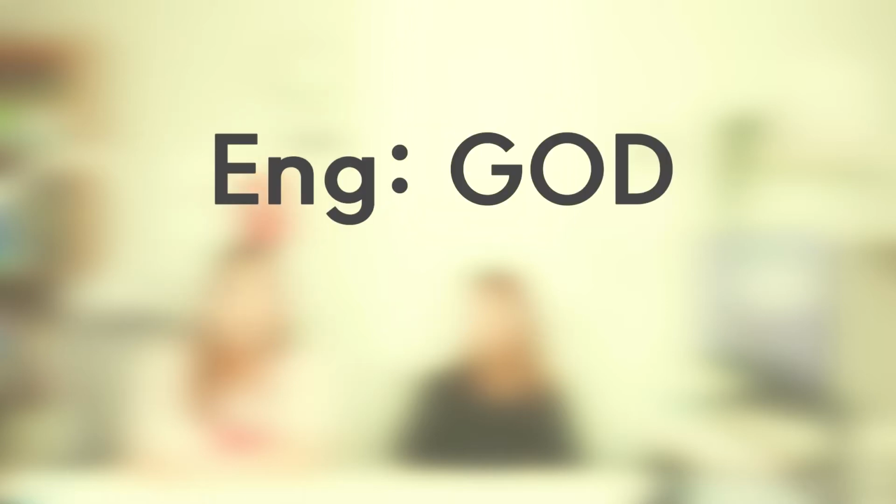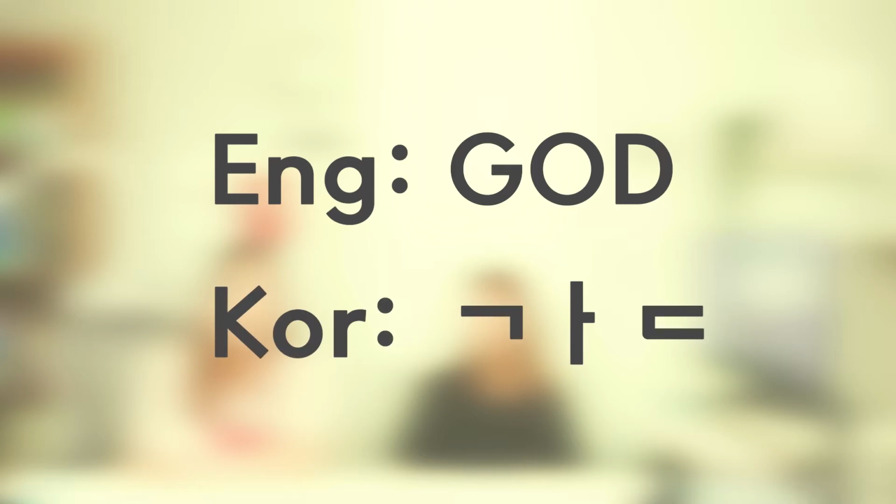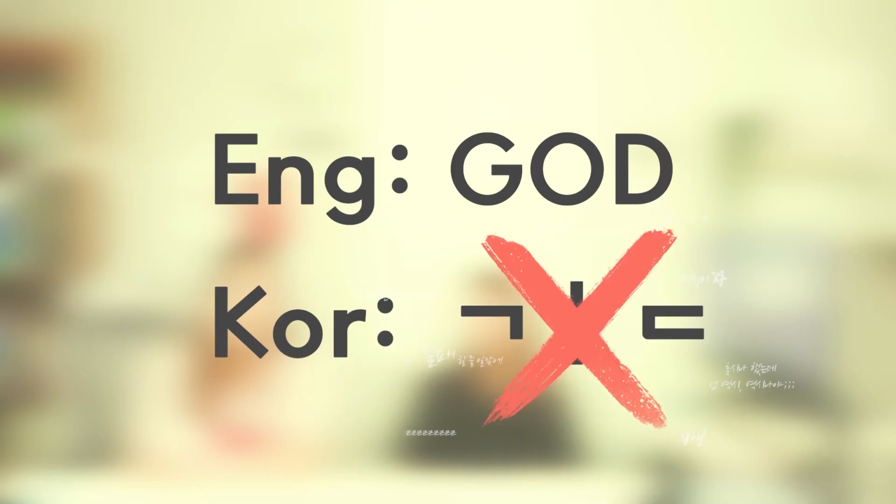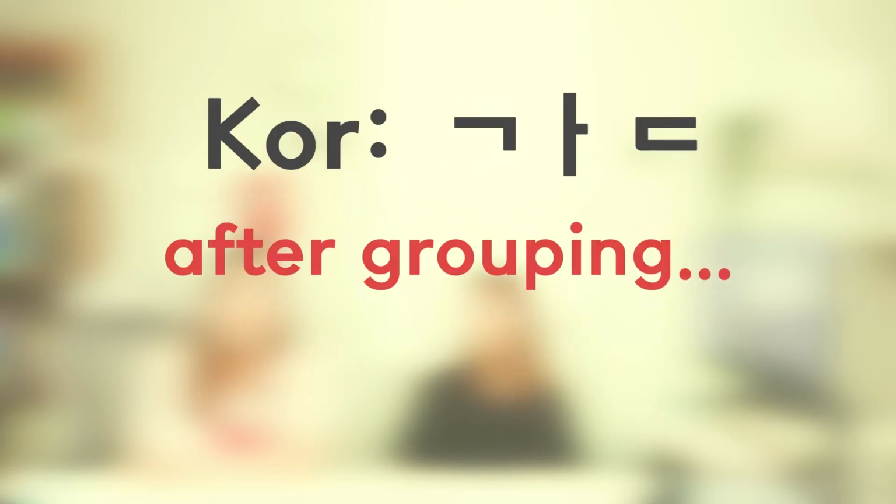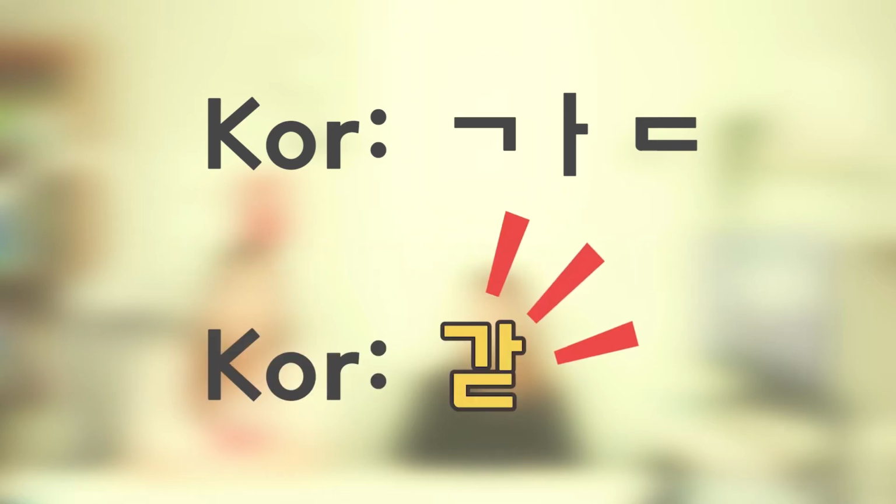For G sound, we use 기역. For A sound, we use A. For D sound, we use 디귿. In English, you can write God in a linear way, but in Korean, we don't write like this. We have to group a consonant and a vowel sound together. After grouping them, it will look like this.